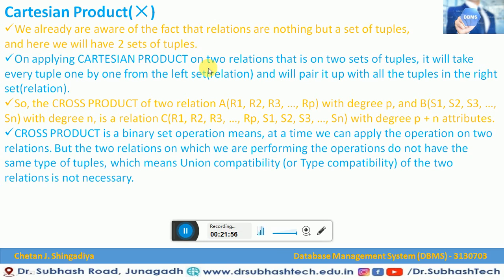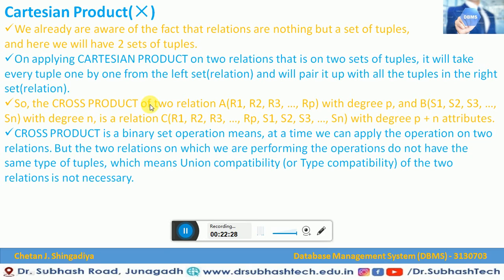On applying Cartesian product on two relations, it will take every tuple one by one from the left relation and pair it with all the tuples in the right relation. So whenever we use the Cartesian product, every tuple from one relation is paired with every tuple of the other relation. This is what they are saying.